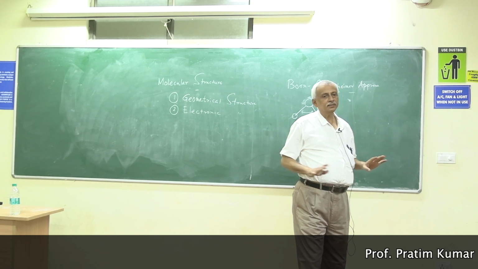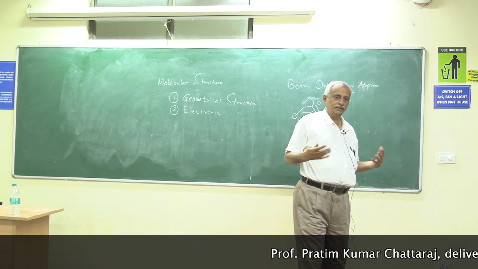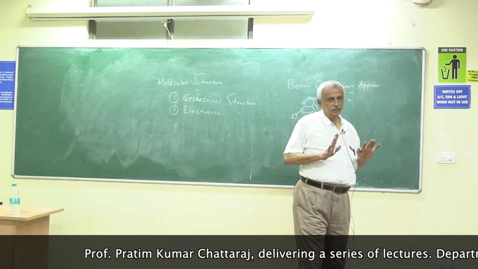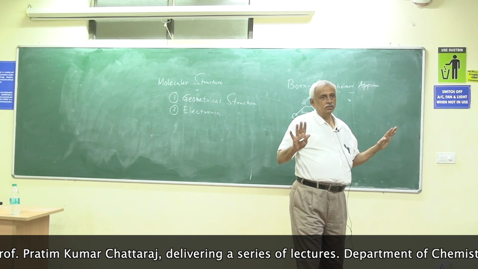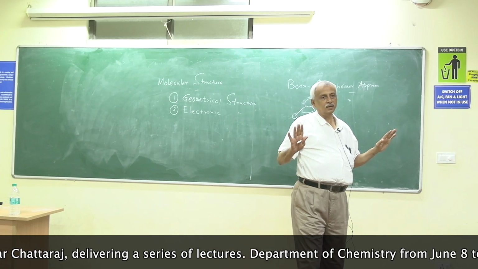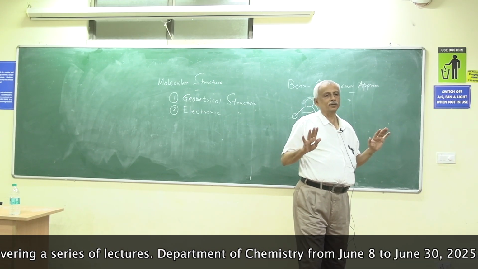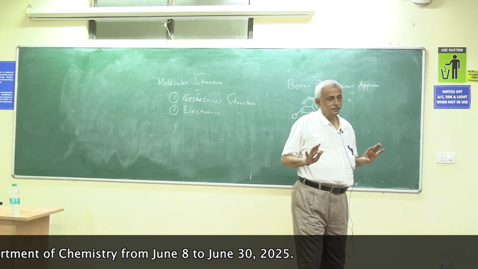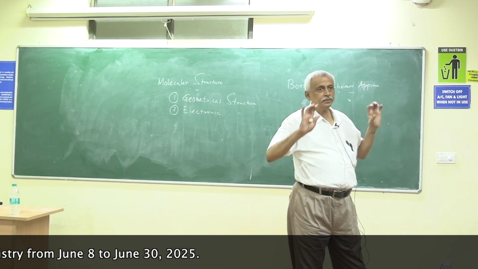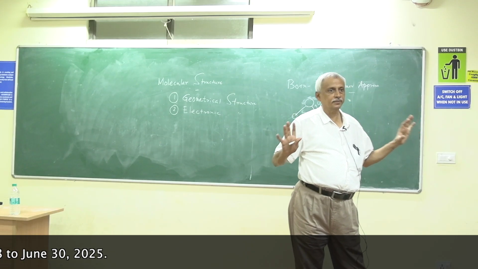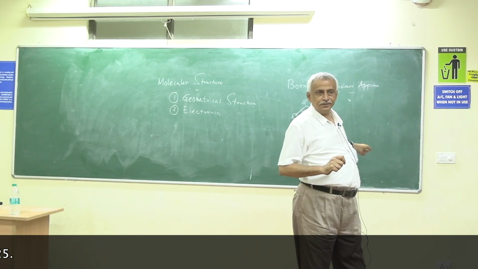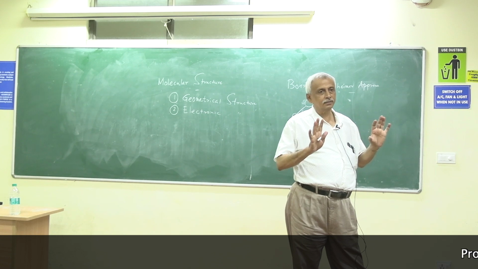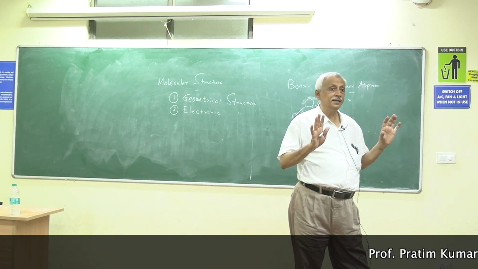Or precisely, psi star psi will tell you the corresponding probability density, and that will tell you in space how the electrons are distributed, like these are the places where you have maximum probability. So you have a specific arrangement of the electrons for the specific geometrical structure, and that arrangement is what we know as the electronic structure.